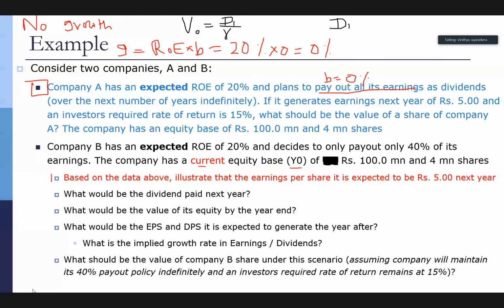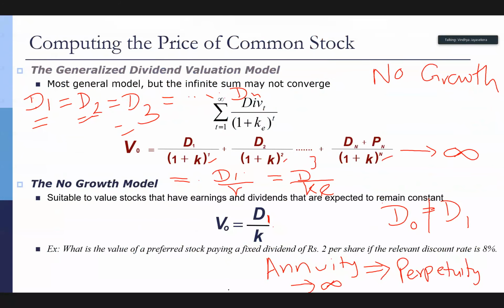D1 divided by R minus G. R minus G, but now G is 0. Therefore, D1 divided by R, which is equal to the no growth model that we did right at the beginning, right?